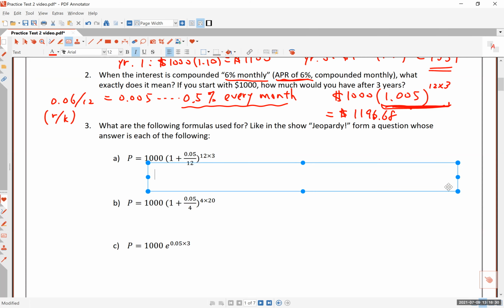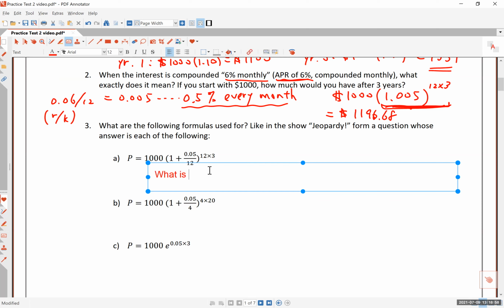Well, it looks like a $1,000 deposit was made, and P, well, it shouldn't be P. Maybe it should be an A, but that's okay. P is equal to 1,000 times 1 plus 0.05 divided by 12. Why are we dividing 0.05 by 12? That's because it's 5% compounded monthly, right? So let's see, what's the best way to write this?